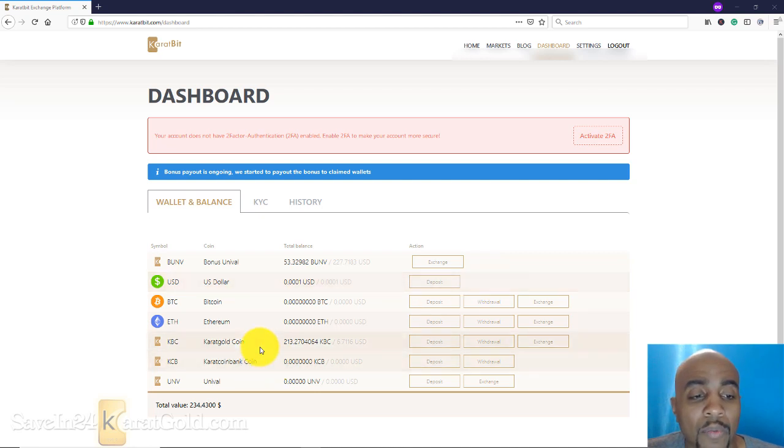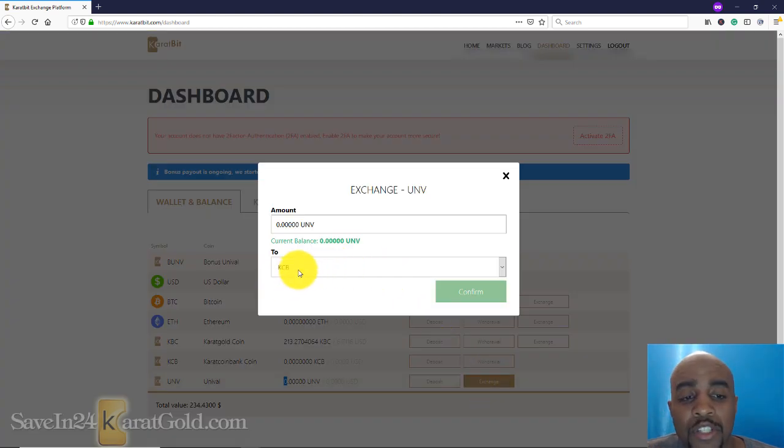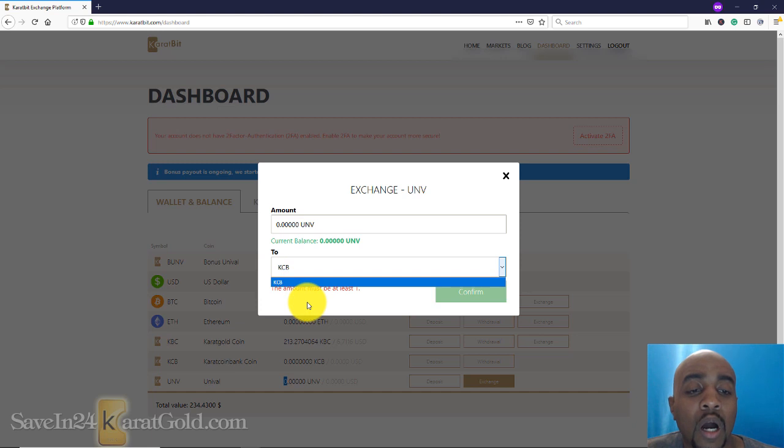Okay, so with that being said, again, I'm assuming that you already have your univals in the Karat Exchange. So what used to happen in the past, prior to this week, is we used to click exchange, and I'll use the example here of having 10 unival. So you used to click exchange, and then you had the option to do not only KCB coin but also USD.